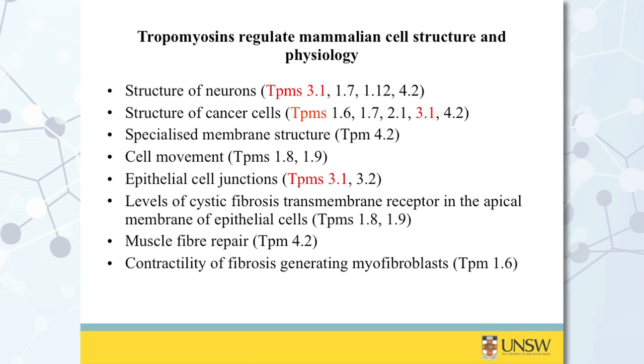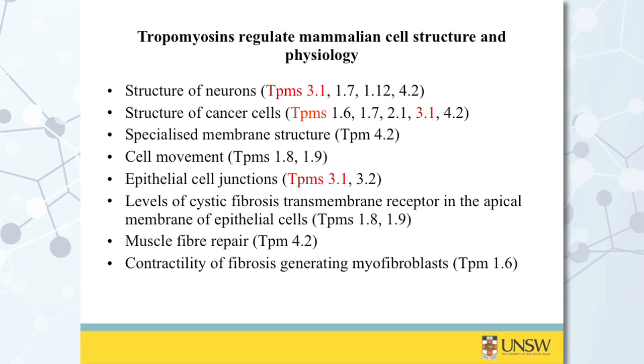But in addition to this, there are tropomyosins that regulate the structure of membranes in your cells. Other tropomyosins regulate the ability of a cell to move. Other tropomyosins regulate the cell junctions between epithelial cells. The cystic fibrosis transmembrane receptor is maintained in the membrane by another specific set of tropomyosins.